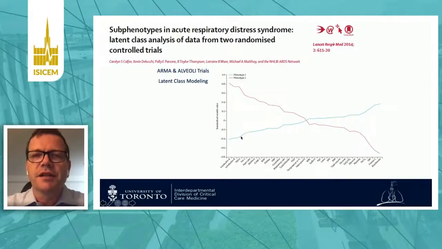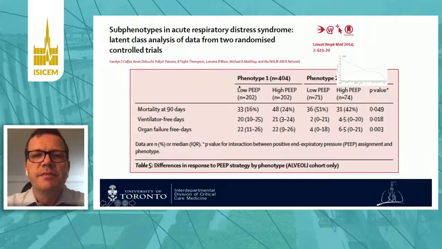And the interesting thing here is that these patients had a different response to PEEP. So that in the low inflammatory group, in fact, higher PEEP resulted in higher mortality, whereas in the hyperinflammatory group, there's a significant reduction in mortality with the use of higher PEEP.